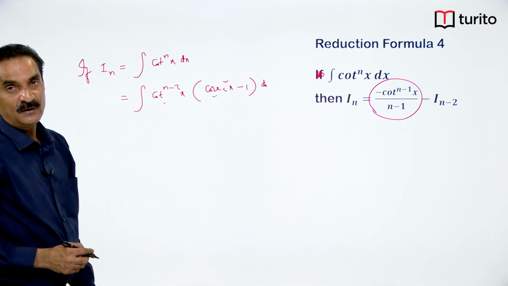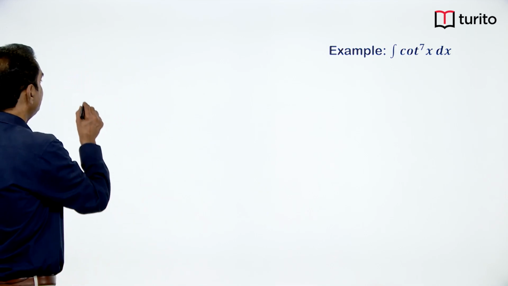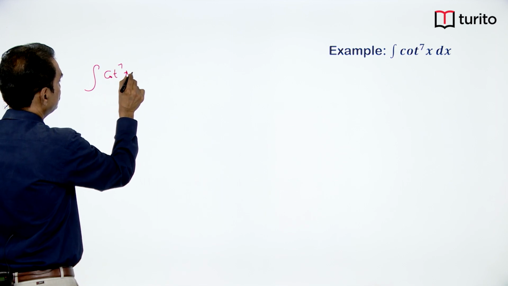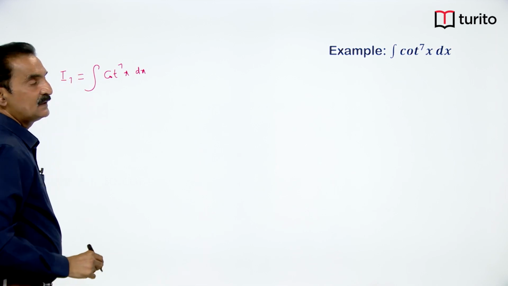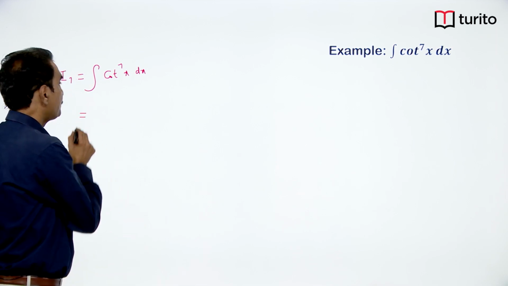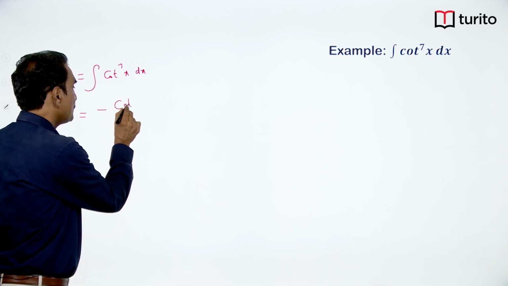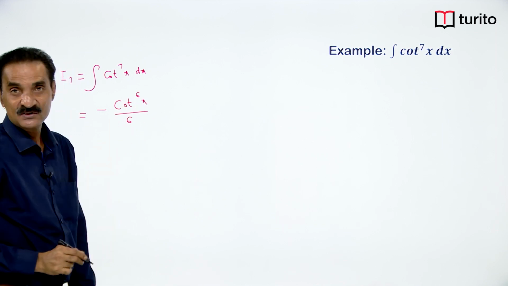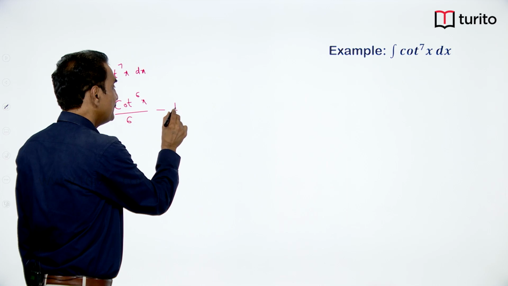Let us solve one example on this formula. Integral cot power 7x dx. It is I7. Apply the formula. Minus cot power n minus 1 means 6x by 6 minus I5.